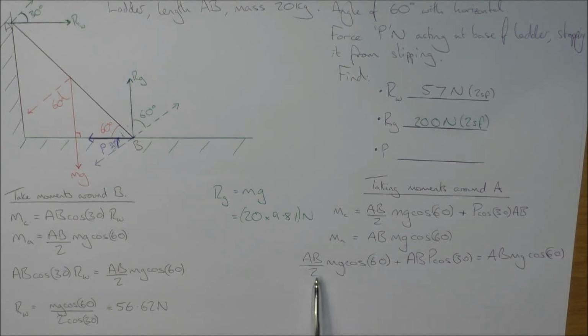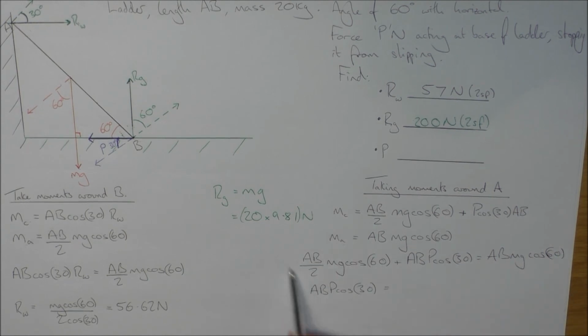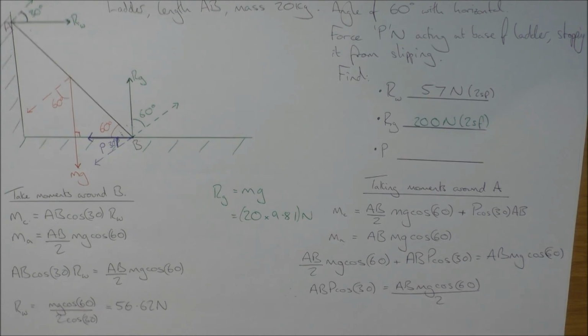Now I've got that half AB mg cos 60 is equal to AB mg cos 60. So I'm just going to take this one away from that one. So I now can say therefore AB p cos 30 is equal, and a whole one, take away a half of one, leaves a half one, is equal to AB mg cos 60 all over 2.